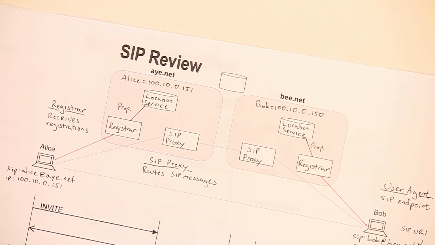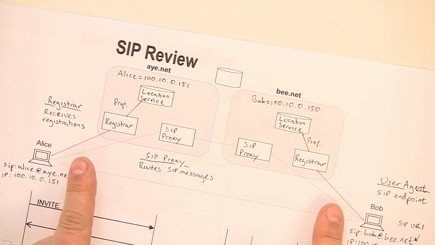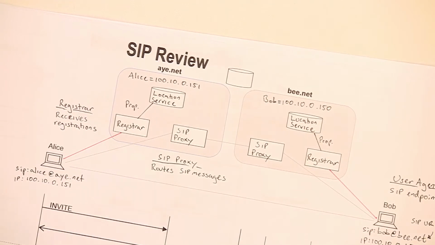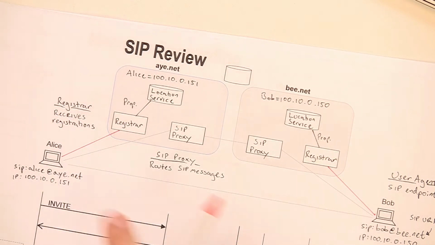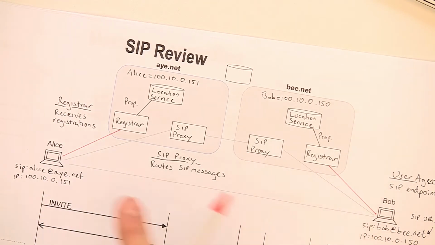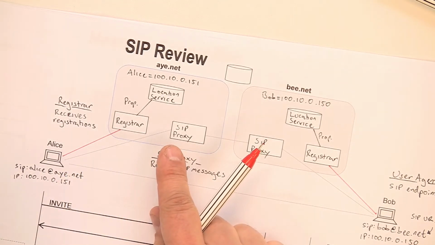So now we've seen the registration, and we have some red lines here for registration. We should probably put in some lines for the actual calling each other, right? So over here, when Alice wants to call Bob, she will send things through her SIP proxy, right?